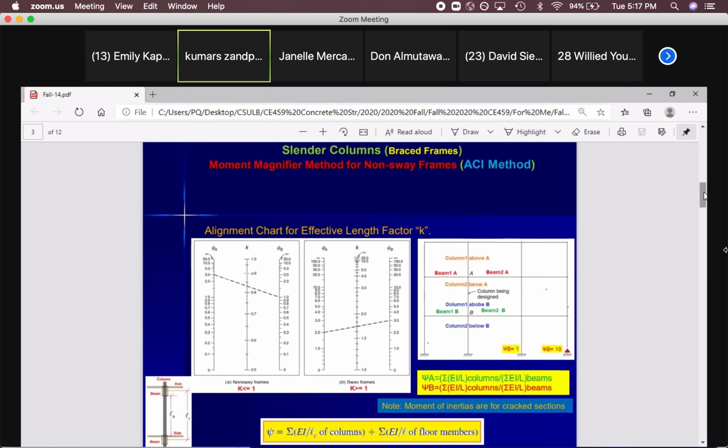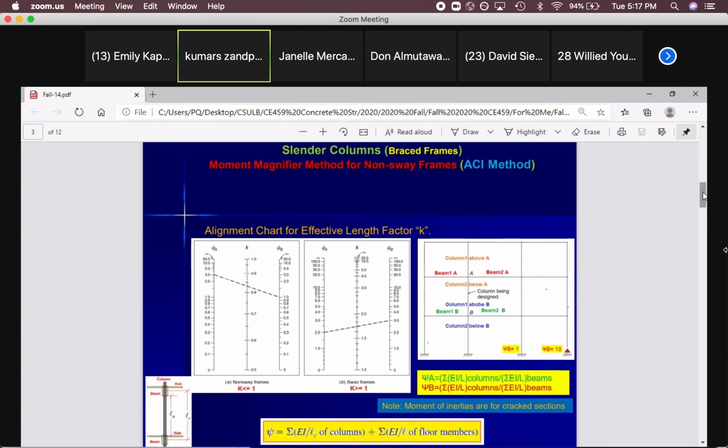So we should find the K factor to see what length of the column must be considered for that design. So if it's fixed, if it has bracing, or if it's hinge and fixed, hinge, so different cases.